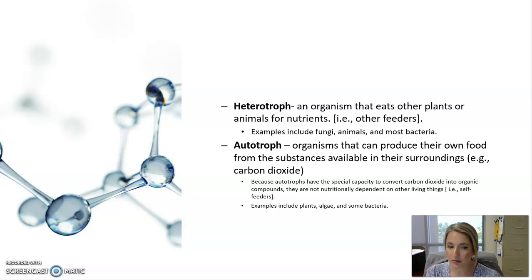They don't have to eat another living organism to obtain that carbon, as would happen in the case of a heterotroph. So autotrophs are very self-sufficient in that sense. This is common for plants, algae, and some bacteria, although most bacteria are considered heterotrophic.